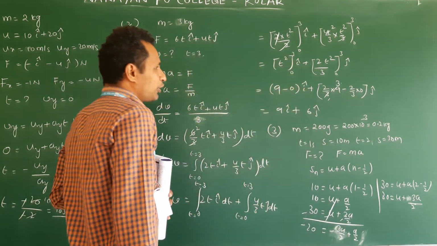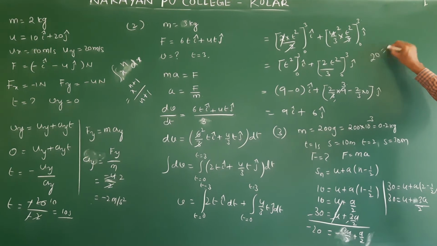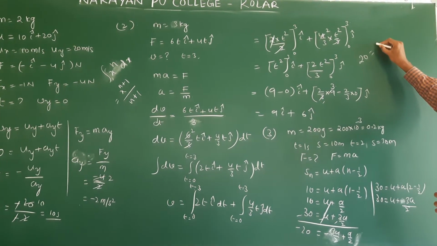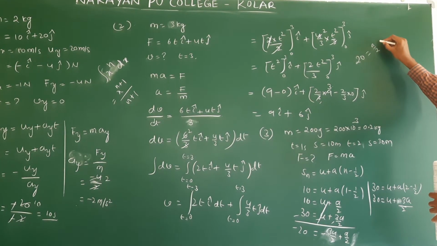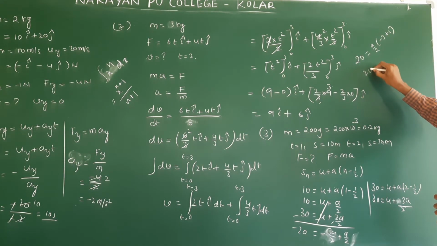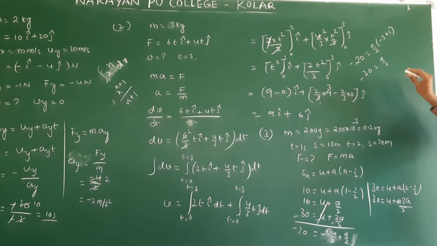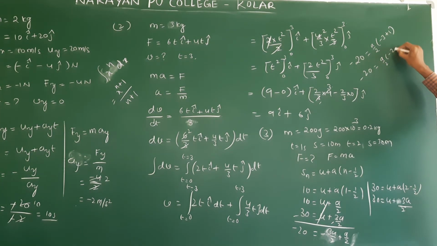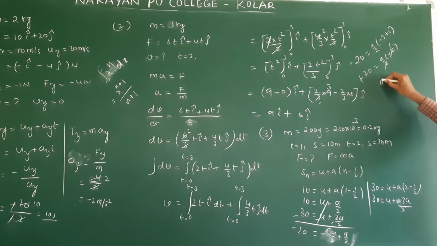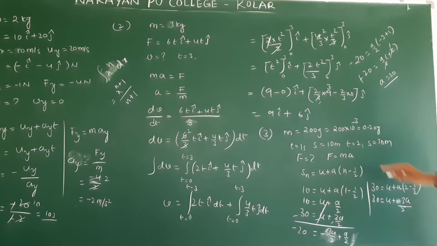By solving this, what do we get? 20 = a/2 is common, so minus 3 plus 1. So −20 = −2 times a/2, the minus signs cancel and the 2s cancel: a = 20. Substitute this a value here.